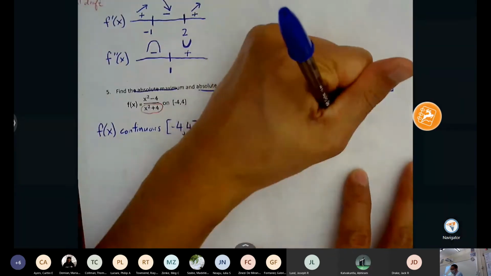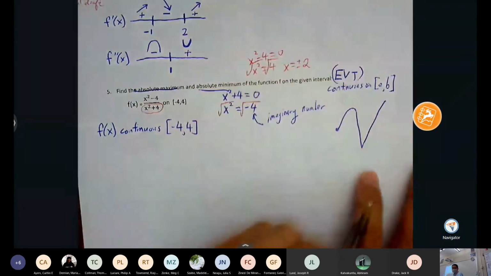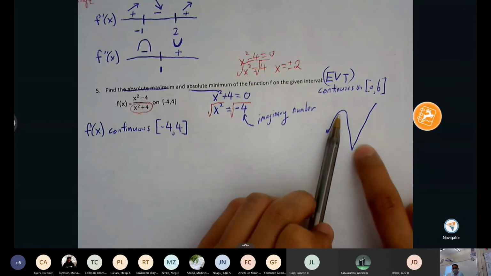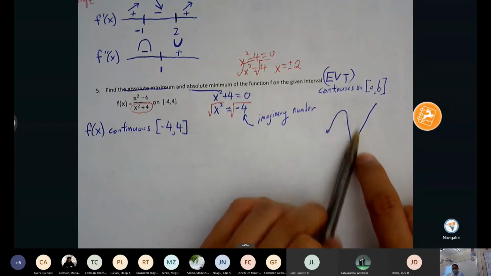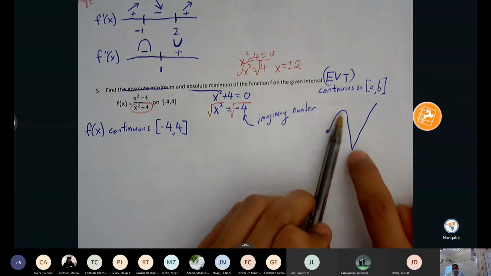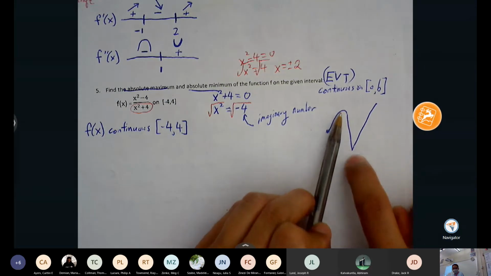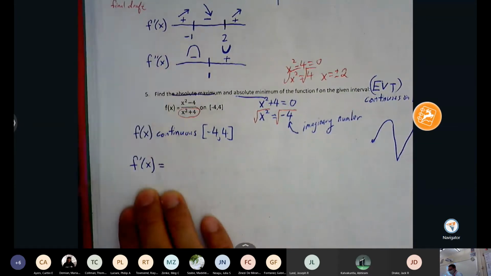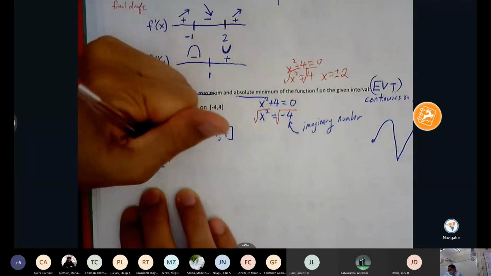Right. If the graph looked like this, maxes and mins are not just going to be endpoints, right? It could be slope 0 or slope undefined, so that's why we go to f prime, so that we can locate these points that could potentially be candidates for maxes and mins. Okay, so f prime, quotient rule again.